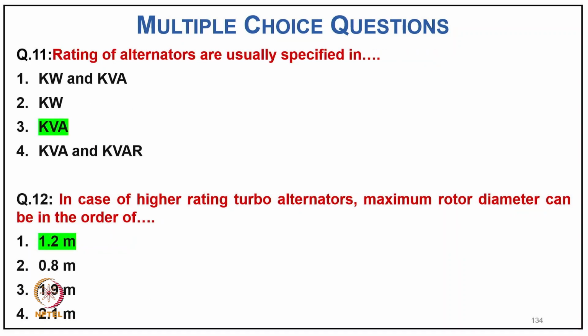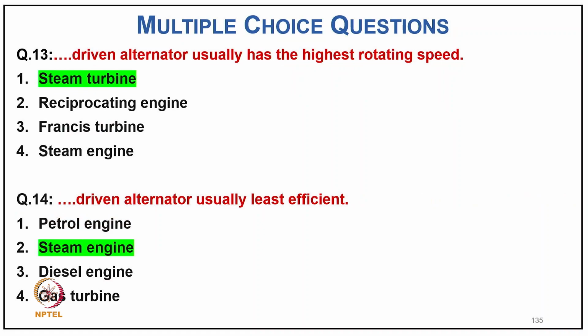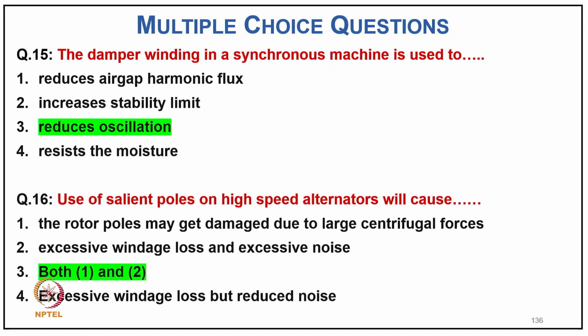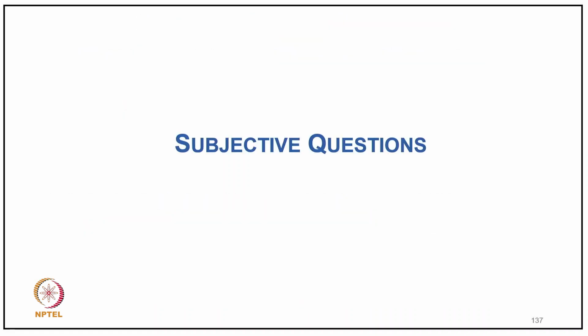The rating of alternator is usually specified in kVA or MVA. In case of higher rating turbo generator, maximum rotor diameter can be of the order of 1.2 meter. The steam turbine driven generators have the highest rotating speed. Steam turbine driven alternators are usually least efficient. The damper winding in synchronous machine is used for reducing oscillation and hunting, and use of salient pole on a high speed generator will cause the rotor pole both the first and second.